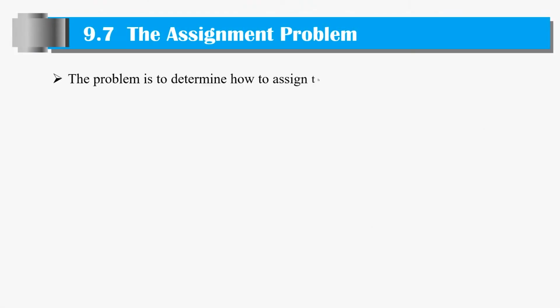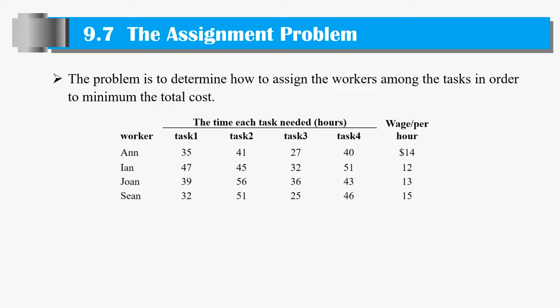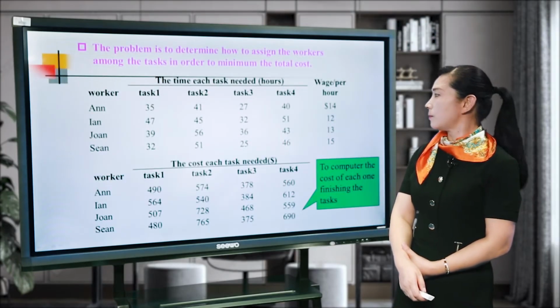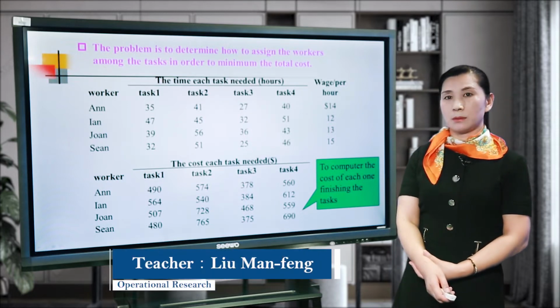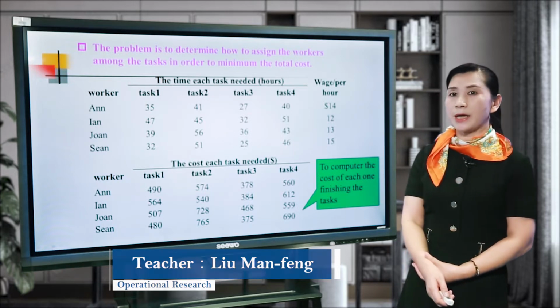Now in this problem, we need to determine how to assign the workers among the tasks in order to minimize the total cost. So we set up this model. First, we prepare some calculations.